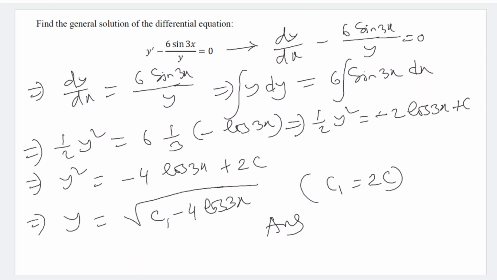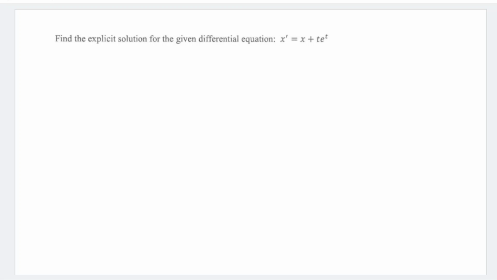So in the next example we check whether we can apply separation of variables to solve this differential equation. Now you can see here when we rewrite this equation in this form, dx/dt equals x plus t e power t, because here x is the dependent variable and t is the independent variable.